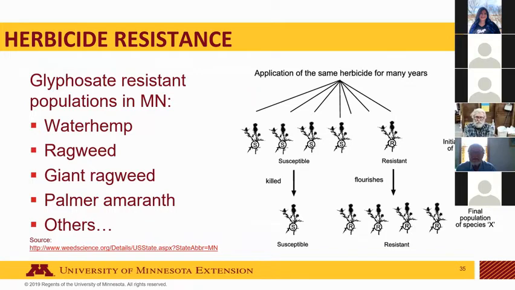How that works is if we're spraying an herbicide on, let's say, Palmer amaranth, the same herbicide over and over again, there's some natural resistance in that population to that chemical. And so those resistant weeds are going to survive and reproduce, as we see here. And then we're developing a population of more and more of those resistant weeds in the vineyard.